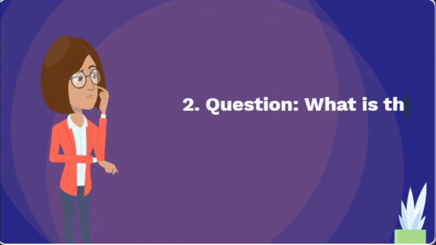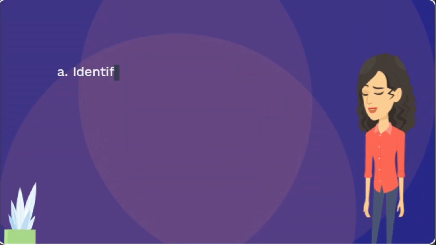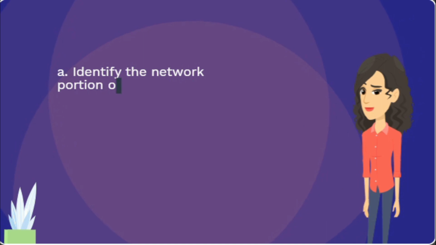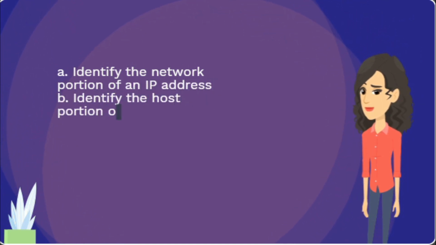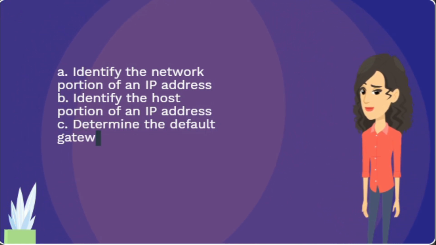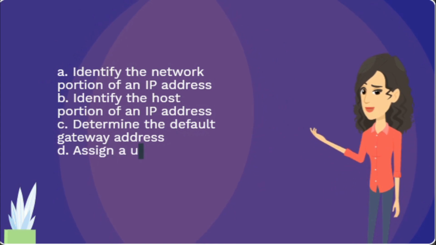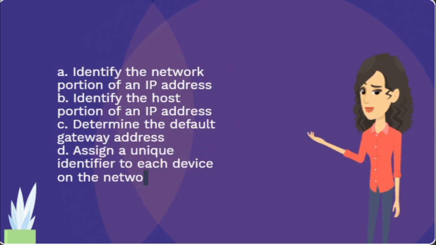2. Question: What is the purpose of a subnet mask? A. Identify the network portion of an IP address. B. Identify the host portion of an IP address. C. Determine the default gateway address. D. Assign a unique identifier to each device on the network.